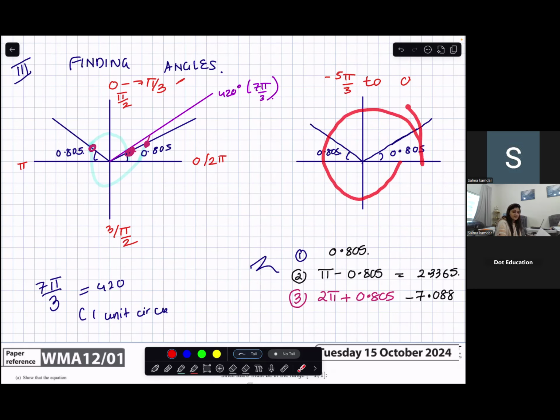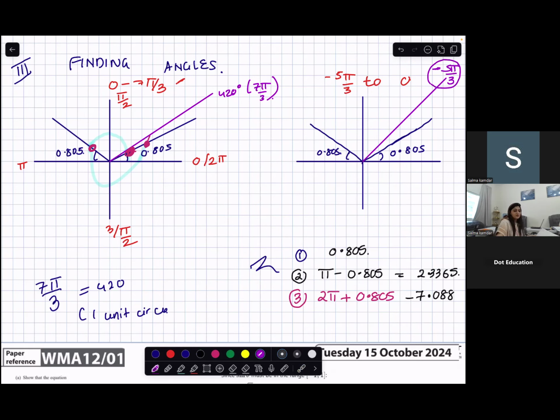So minus 300 is going to be somewhere there. So I make a line over here. This is my minus 5 pi by 3. I hope you're with me.